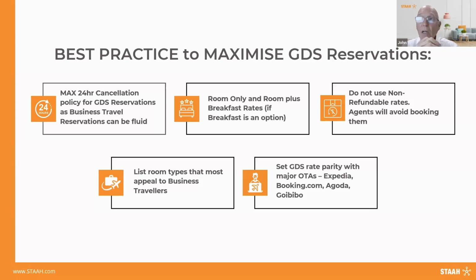Business travel reservations via travel agents can be extremely fluid. A person has made a reservation for an airline ticket and hotel, and very close to when those reservations are to mature, in other words, the business traveler is on their way, the boss comes in and says, no, I need you here. So they cancel the reservation.